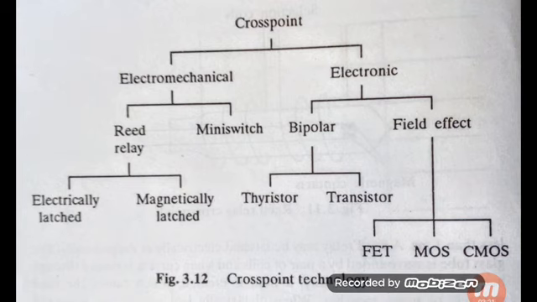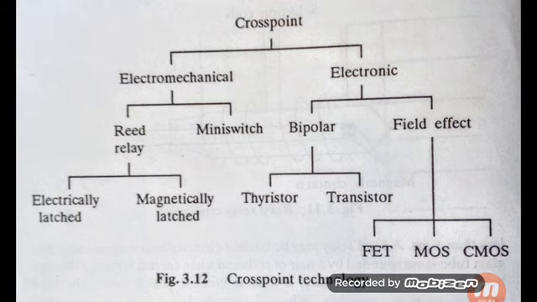Crosspoint technology is mainly divided into two major technologies, electromechanical and electronic. Electromechanical is again classified into two types, reed relay and mini switch.